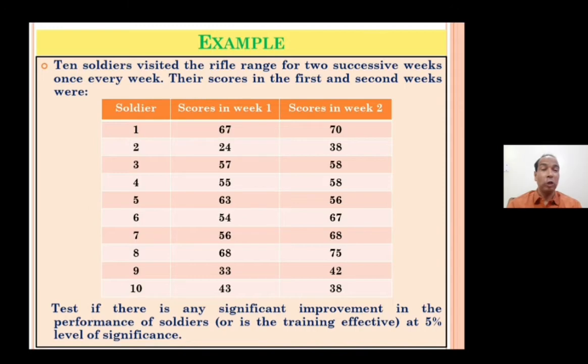This problem talks about improvement, not significant difference. That means the alternative hypothesis has to have the greater than sign. Test if there is any significant improvement in the performance of soldiers at 5% level of significance, or whether the training is effective at 5% level of significance or not. We have to check it.